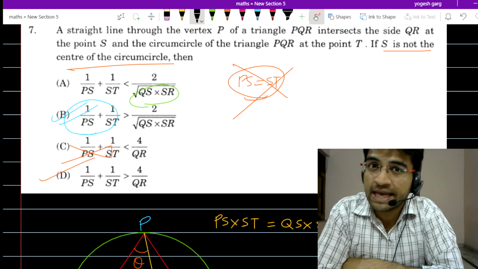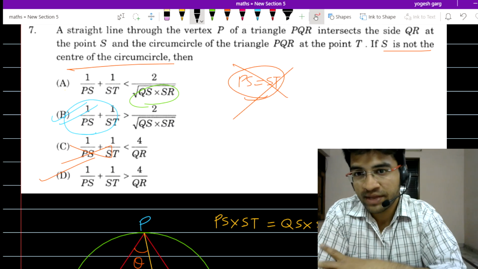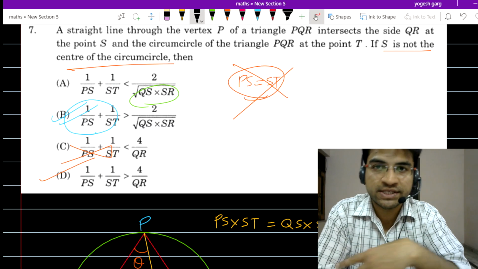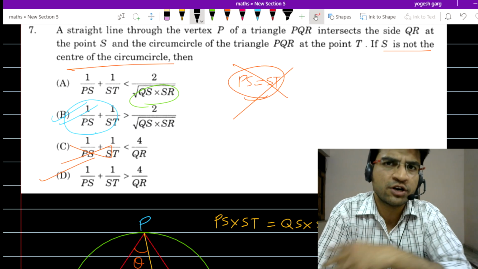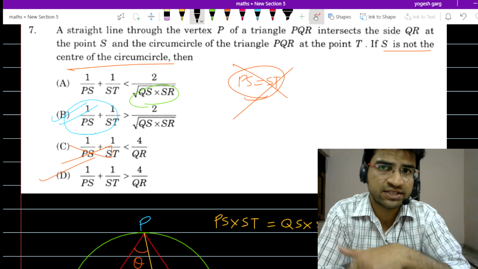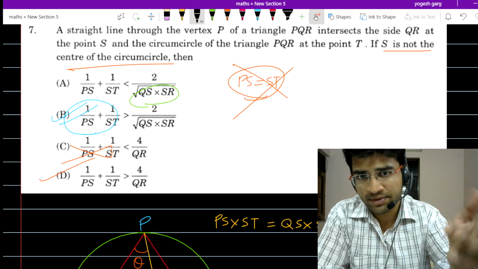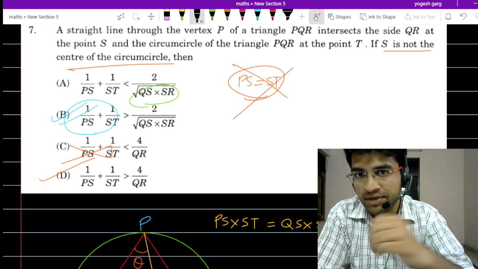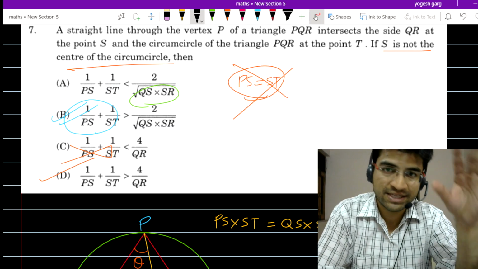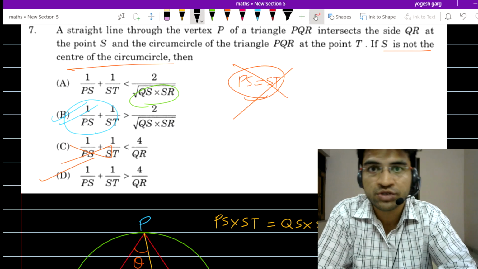Why? First, this AM, GM, HM inequality. Second, this particular point, PS into ST is equal to QS into SR. Now you will be thinking, what is the utility of this? This is a class 10 concept, similarity. So what? Can a class 10 concept not come in the mains examination? Is there any rule like that? There is no such rule, right?